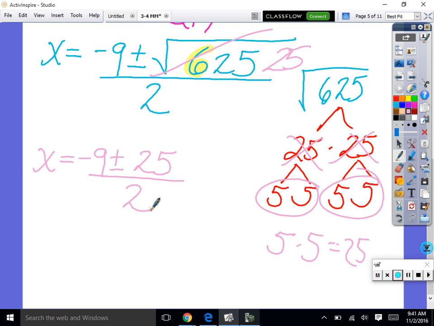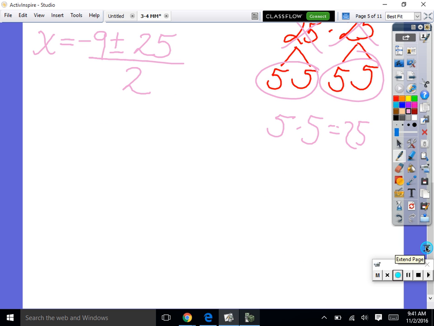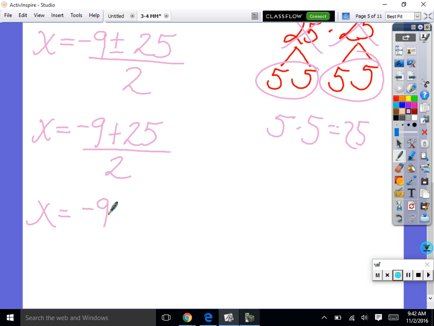Everybody understand? So now you would split apart your answer because this is technically 2 answers here, the plus and minus. You would say, okay, x is equal to negative 9 plus 25 all over 2, and x is equal to negative 9 minus 25 all over 2.